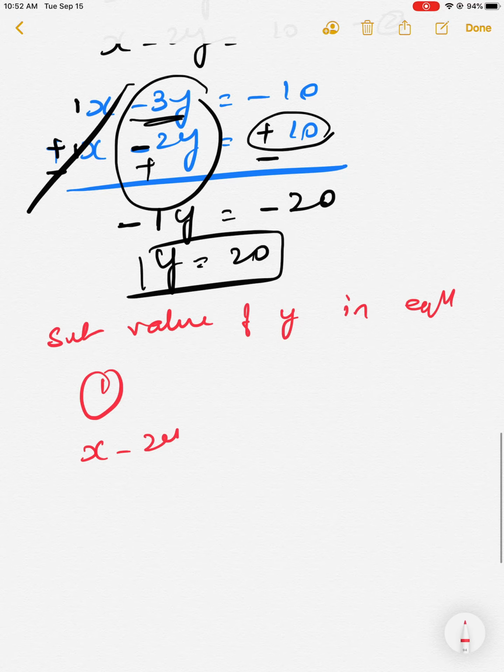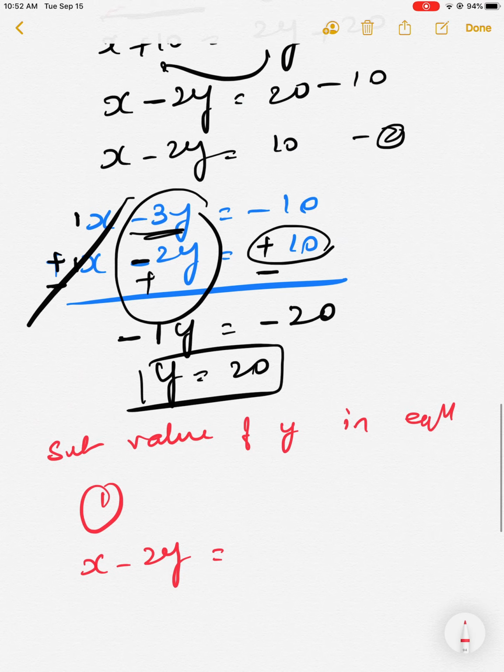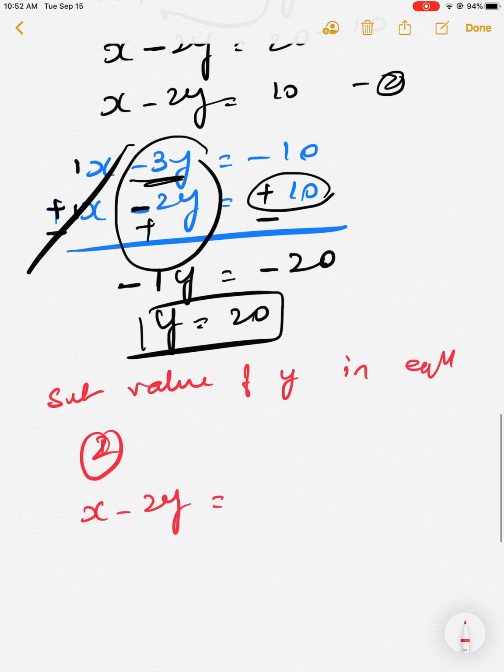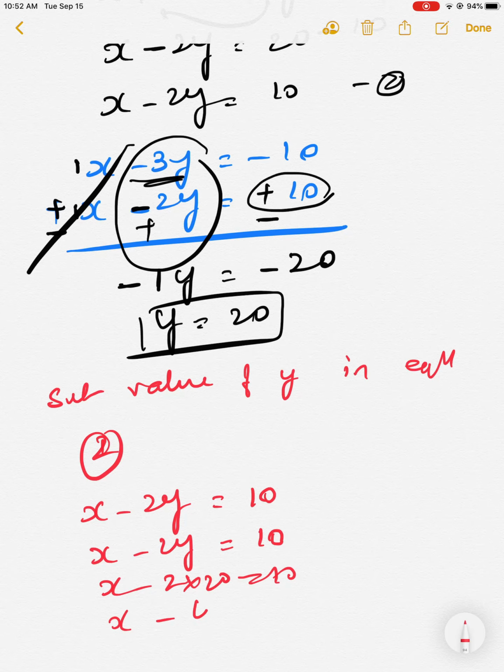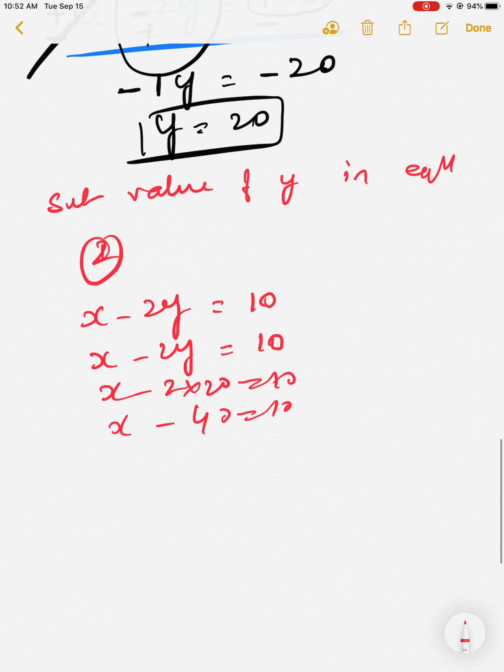Let's take equation 2. x minus 2y is equal to 10. So x minus 2 into 20 is equal to 10. x minus 40 is equal to 10. x is equal to 10 plus 40. x is equal to 50.